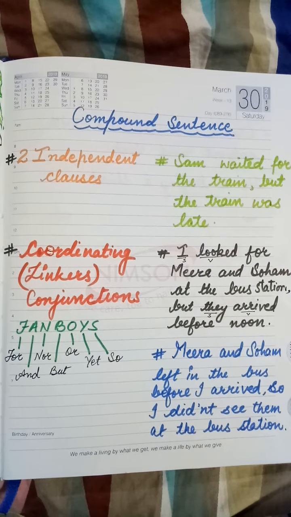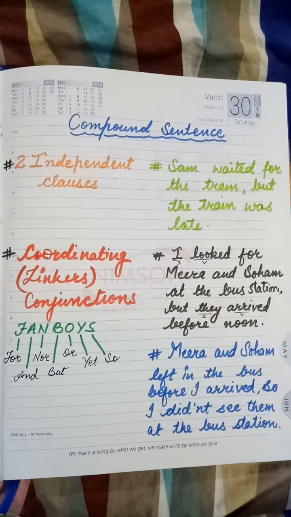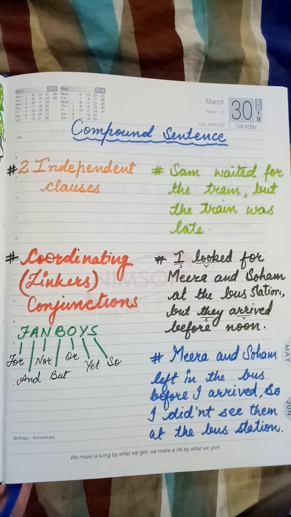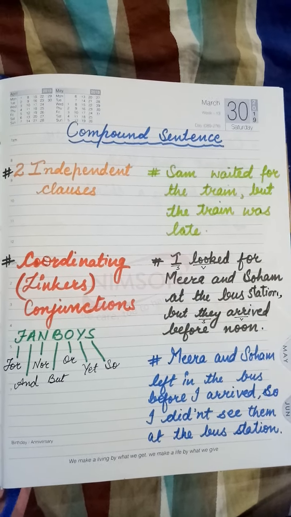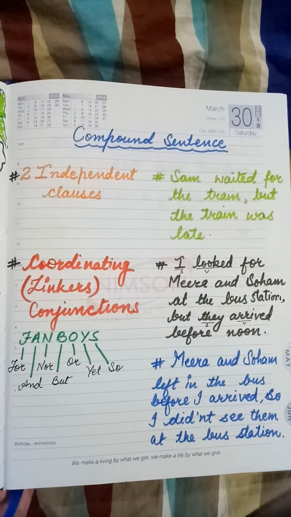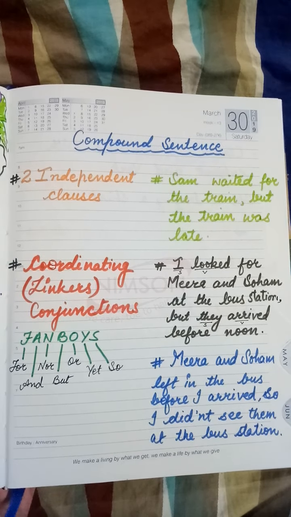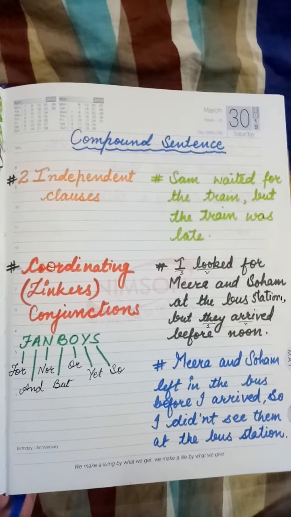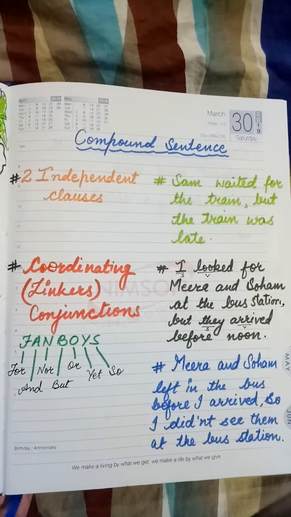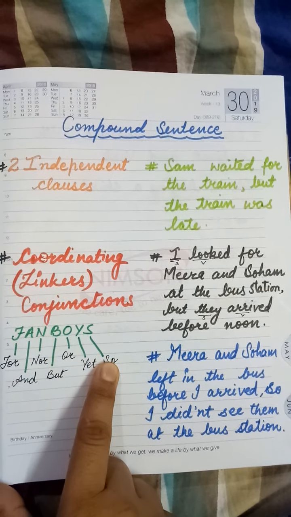A compound sentence is a sentence having two independent clauses minimum, and they are joined by coordinating conjunctions, also known as linkers, and you can remember them as FANBOYS: for, and, nor, but, or, yet, so.